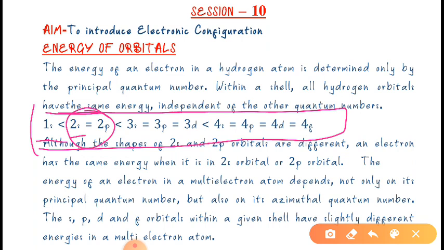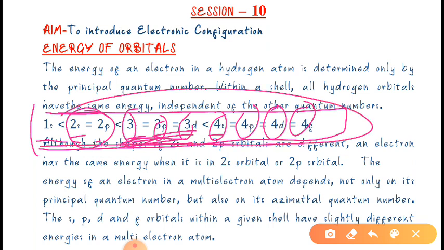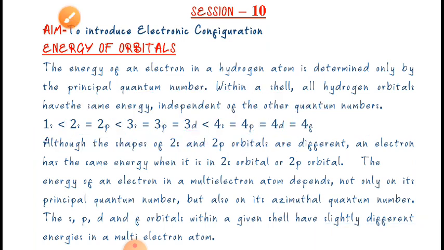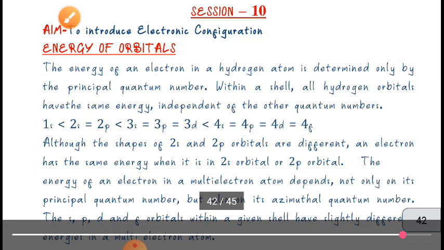From 2s and 2p, 3s and 3p will be bigger, but 3s, 3p and 3d will be the same. After that, 4s and 4p will have more energy than 3p or 3d, but 4s and 4p will have similar energy. 4d also has similar energy, and 4f also has similar energy. So this is for a single electron system, but for a multi-electron system, the scenario will be different.